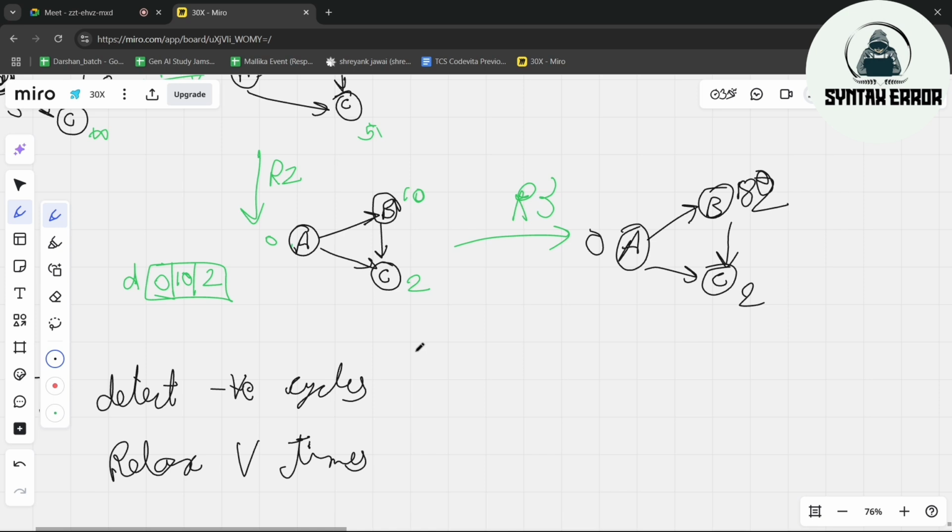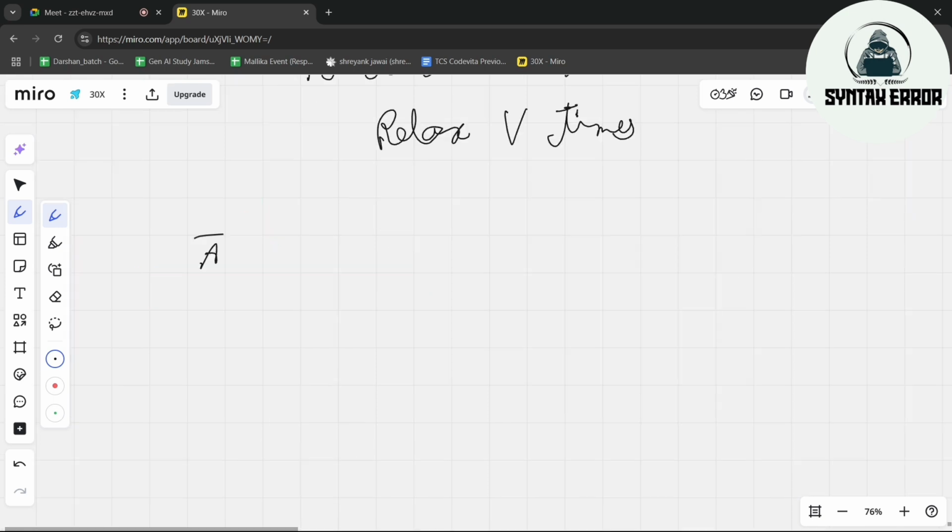Let's take an example which has a negative cycle. A is connected to B, which is connected to C. The costs are 10, 20, and minus 30.